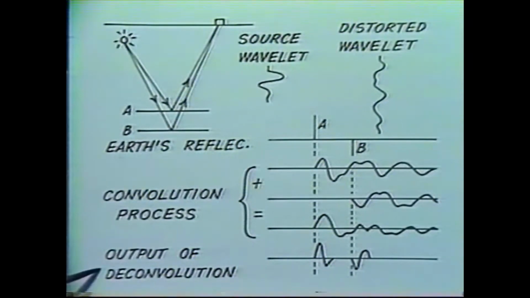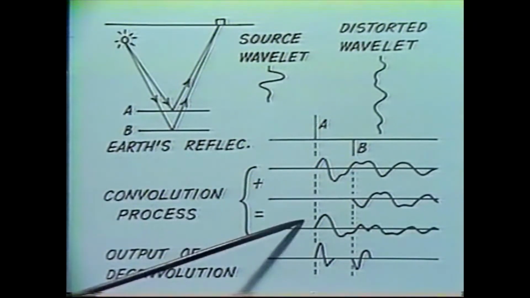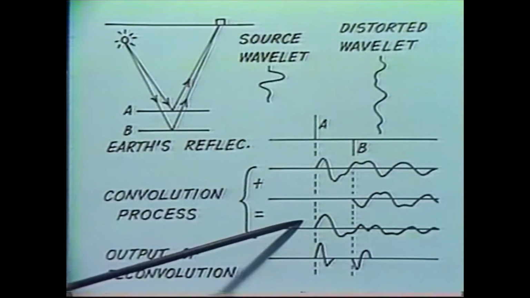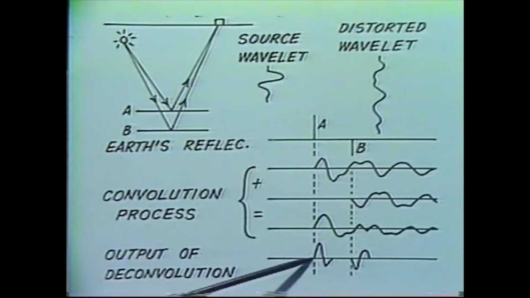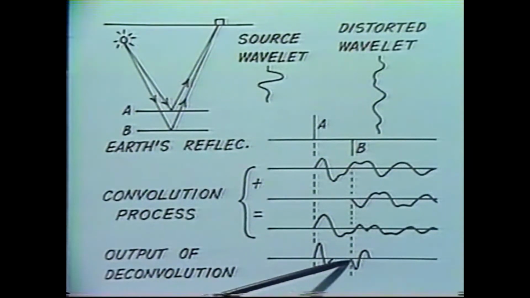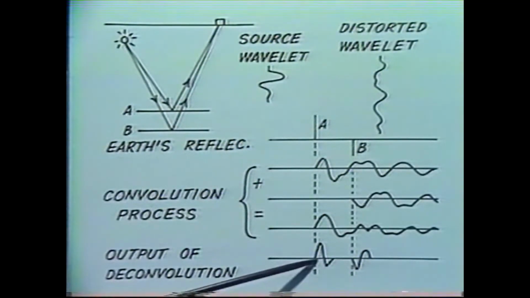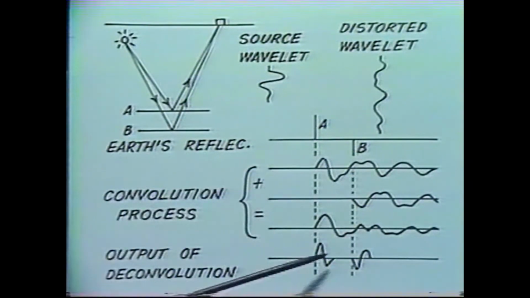The goal of deconvolution is to undo this convolutional process. That is, from this recorded trace, design an appropriate filter such that when that filter is applied to the trace, the output will be a sharp pulse where in this case, the onset of the output pulse corresponds to the reflection time for these two reflectors.